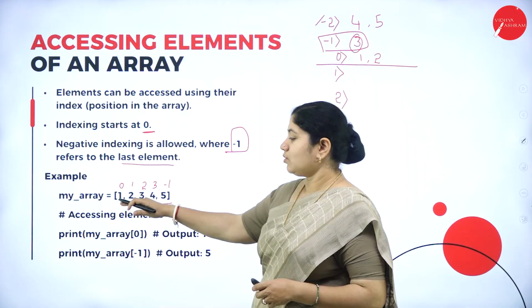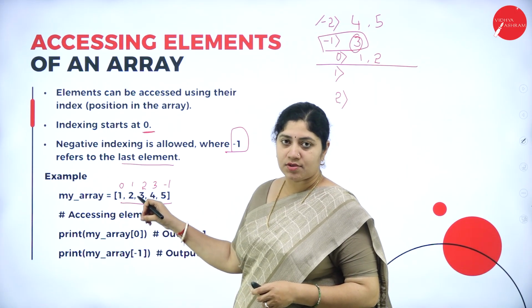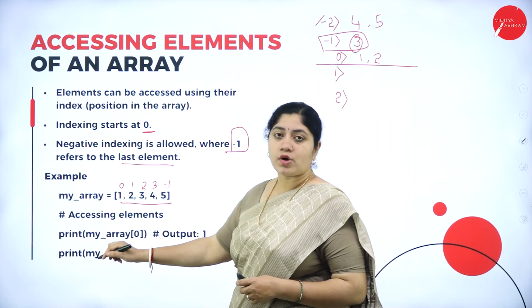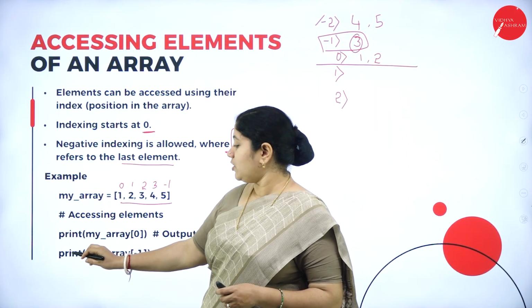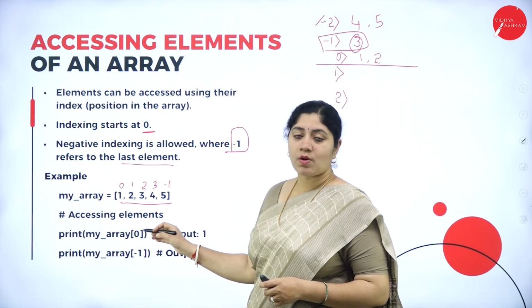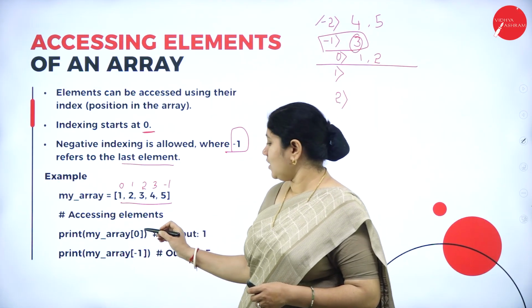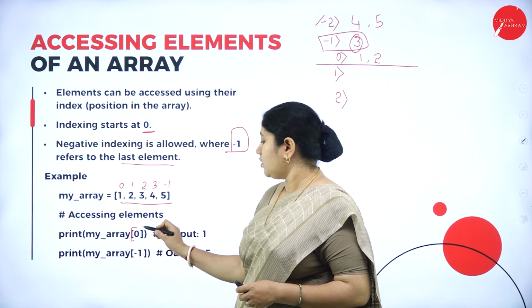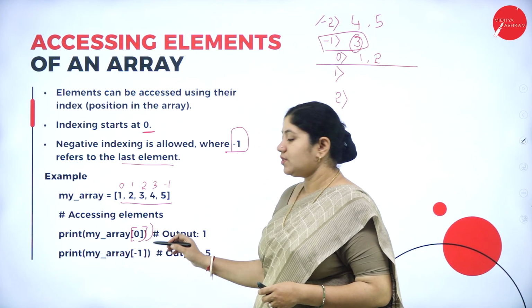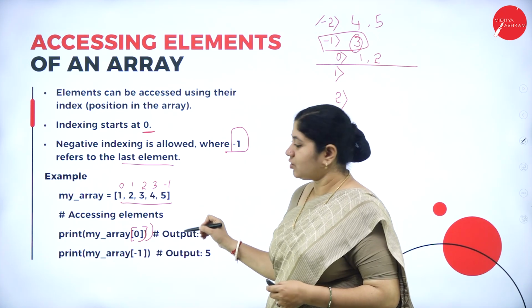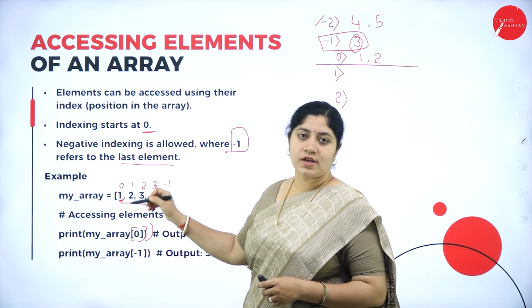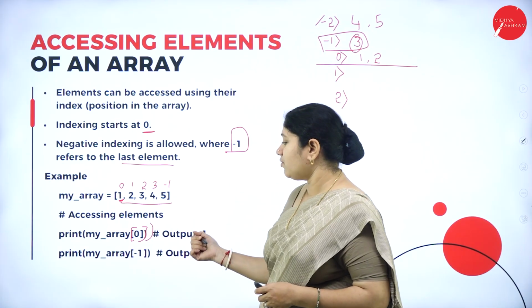Now with respect to this list, if I want to access the 0th index value, what is the syntax we will be using? It is print of my_array of the 0th position, right? We write the position inside the brackets. So what will be the output? The output will be the value at the 0th index position, that is 1.